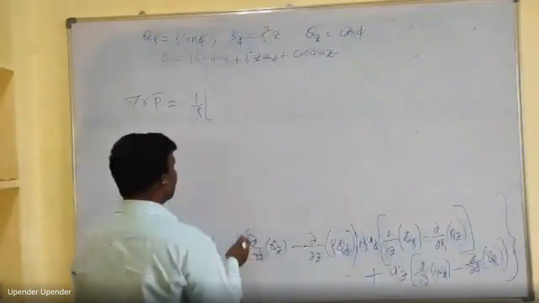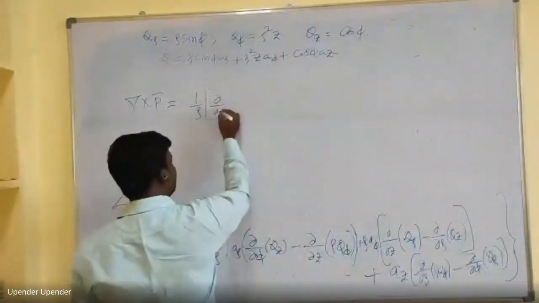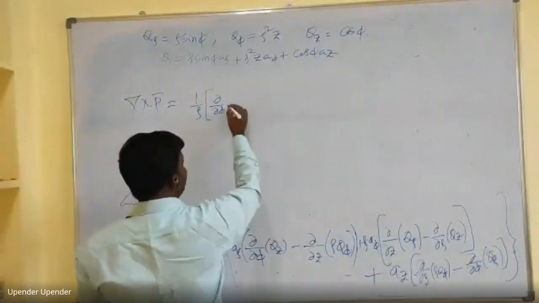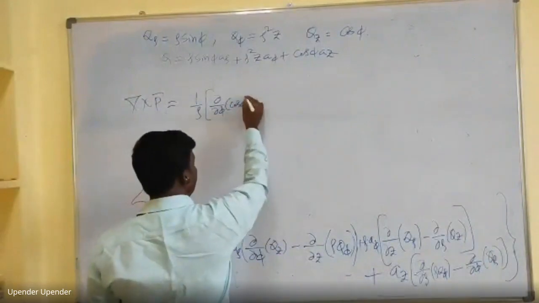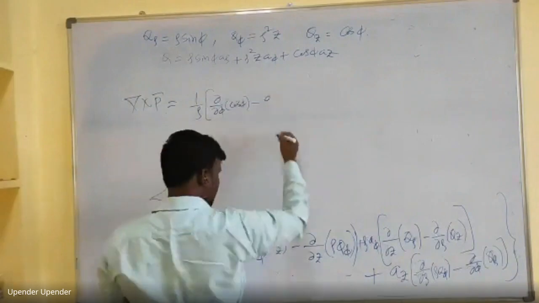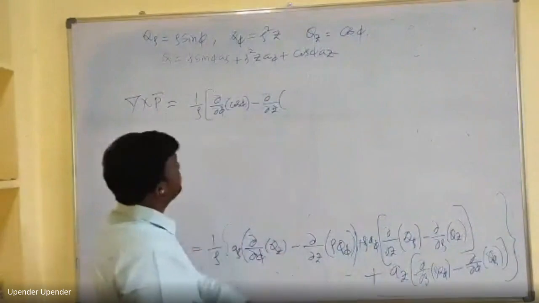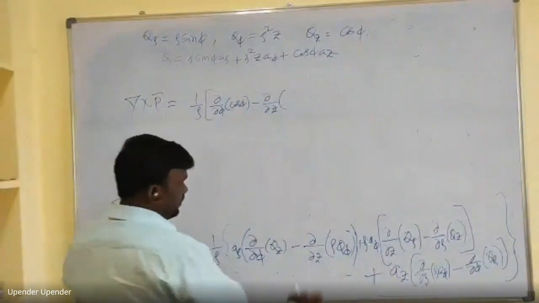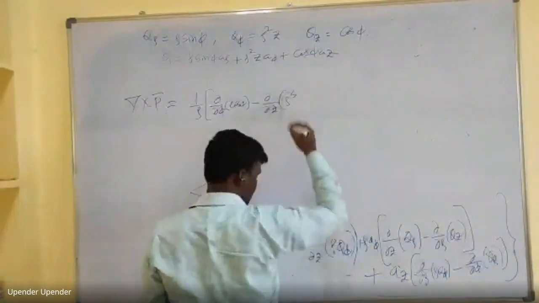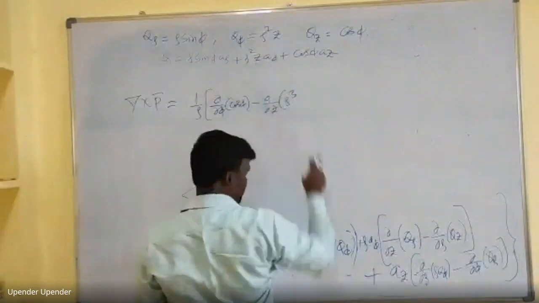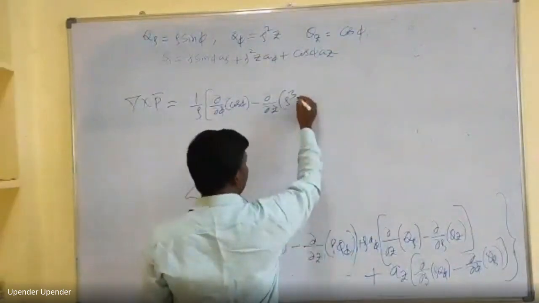Qz is cos pi, minus dou by dou z of Q pi, rho into Q pi, that is rho cube, rho square into rho square z, rho cube z.